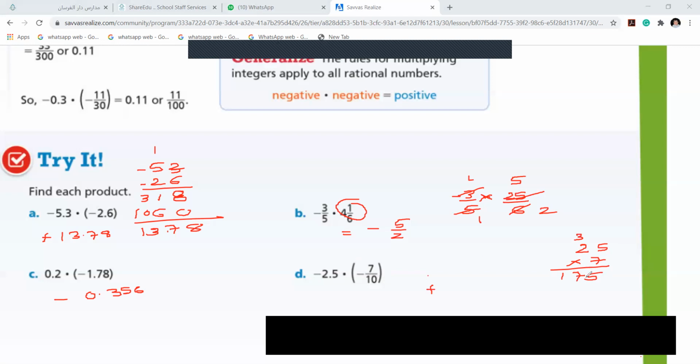So I got 17.5 over 10. Girls, you know that when it's over 10, the point moves to the left-hand side. So my answer becomes 1.75. 1.75 can also be written as 1 and 3 over 4. Come on, girls. Everything ends here and I will continue my class.